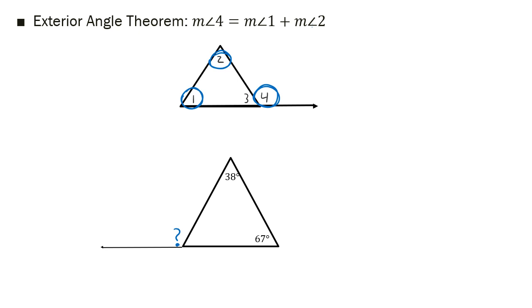All I need to do is take the two over here, the 38 and the 67, and add them together. That's going to equal my angle that I'm looking for, the exterior angle. So 38 plus 67 is 105. So that means this angle right here is 105 degrees.